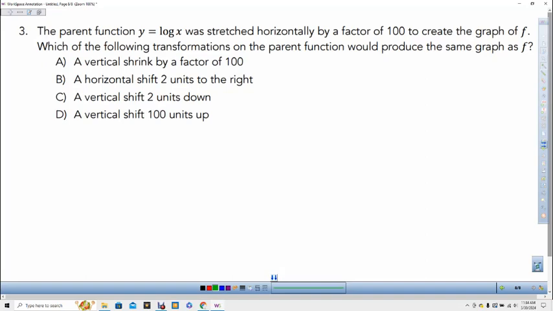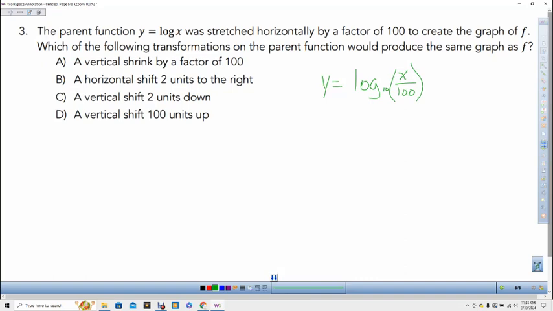Stretching and shrinking are opposite in there, so multiplying by 100 actually shrinks it, while dividing by 100 stretches it. So the equation that we would make for this to be true would be y equals common log of x over 100. Remember, this common log is a log base 10 that's understood there.